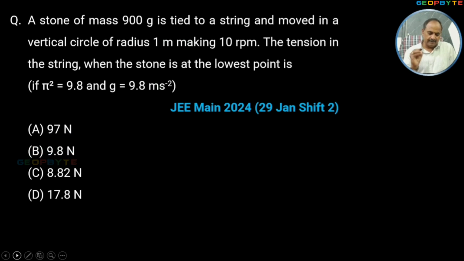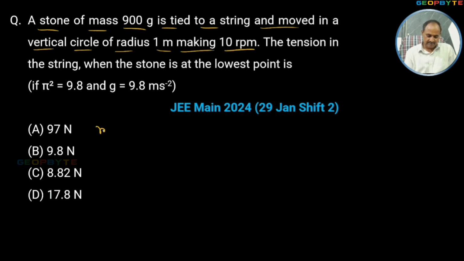Similarly, look at another important question. Try to read it clearly. A stone of mass 900 grams is tied to a string and moved in a vertical circle of radius 1 meter, making 10 rpm. The mass is 900 grams, 900 divided by 1000 is equal to 0.9 kilograms.